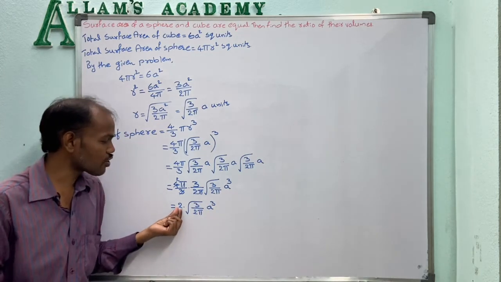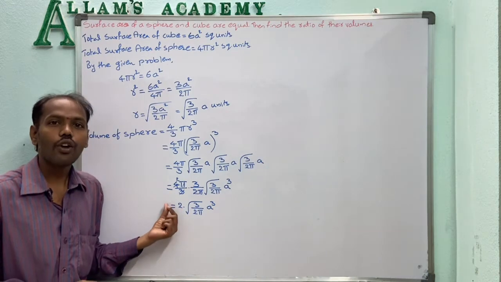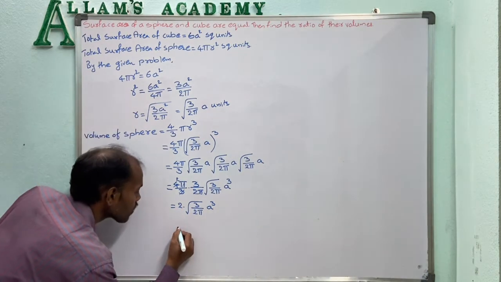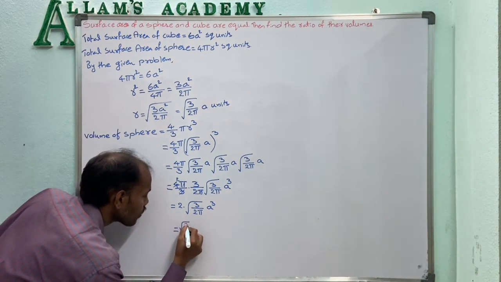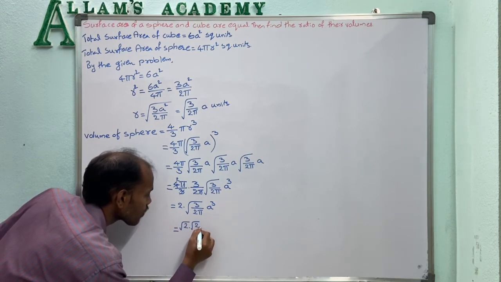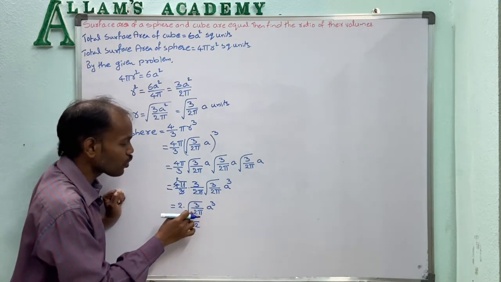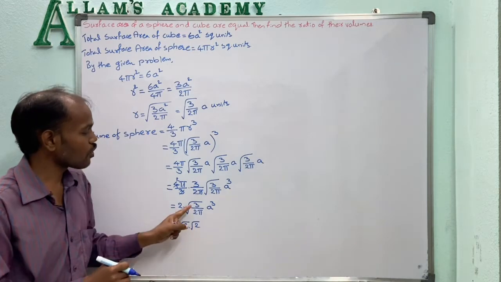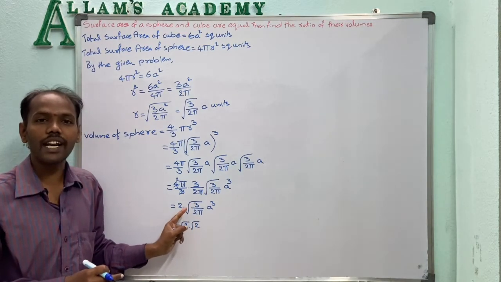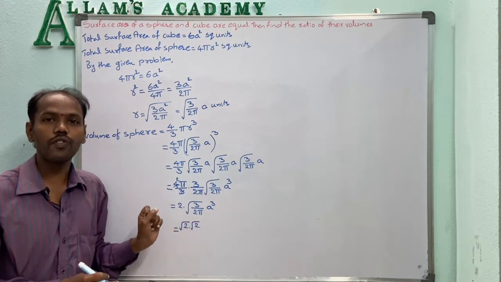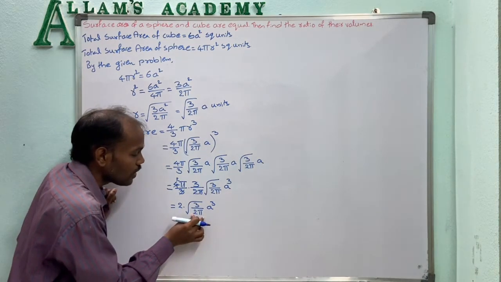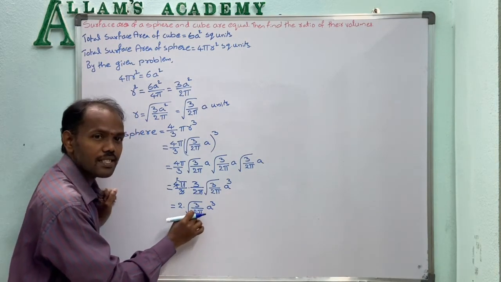Now this 2 can be written as root 2 into root 2, with root 3 by 2 pi. Root x by y can be written as root x by root y, and root xy equals root x into root y.